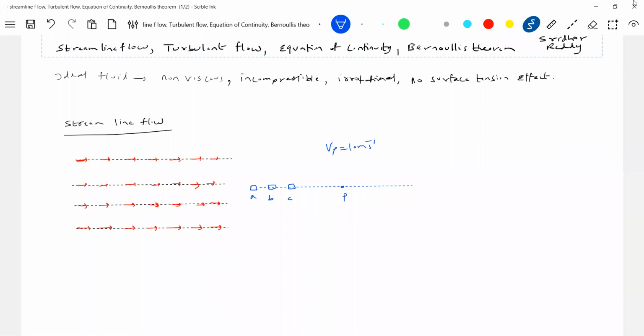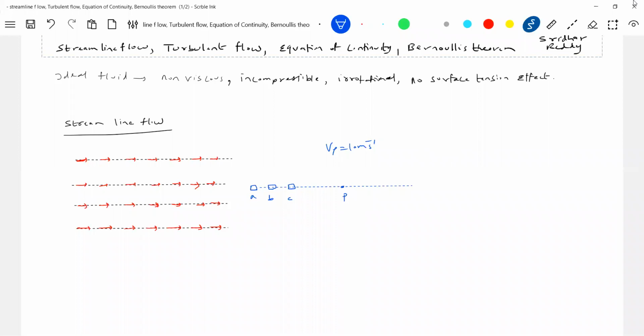Now when particle C passes through point P, it must have the velocity 10 meter per second and the same direction. Then B also. See, here A and B can have different speeds, but when they pass through a point, all the particles that are passing through a point must have the same speed and direction. Then that is called streamline flow.